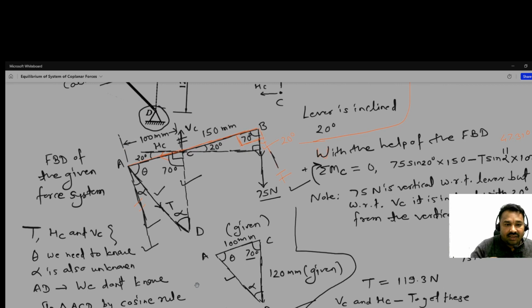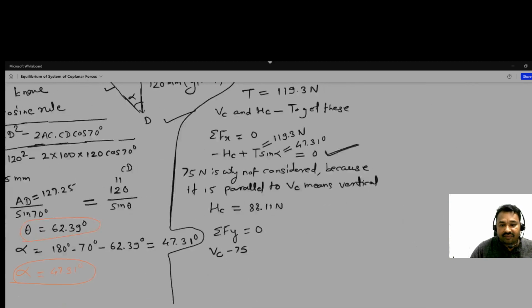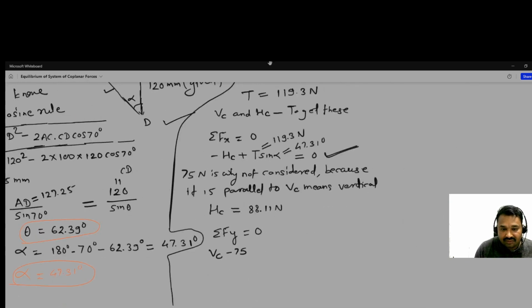So T in the vertical direction is acting downwards, that's why minus T, and with the vertical it is making angle alpha.